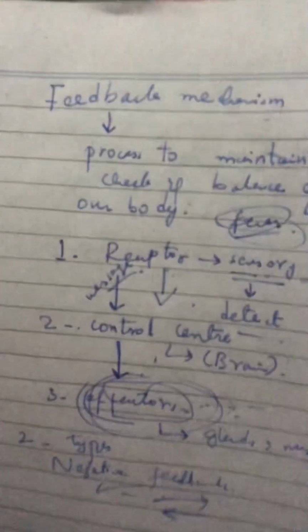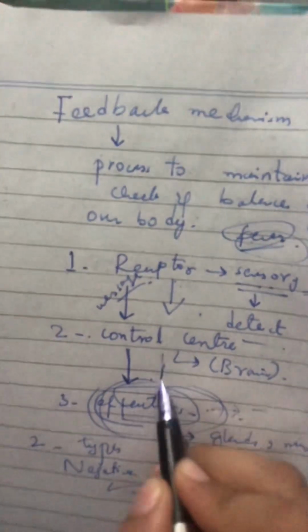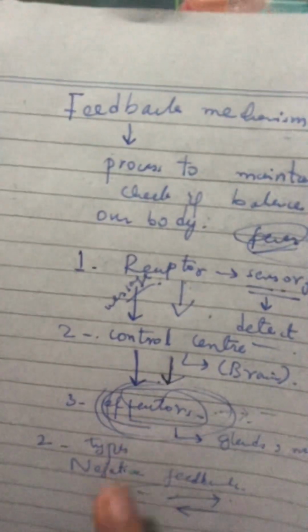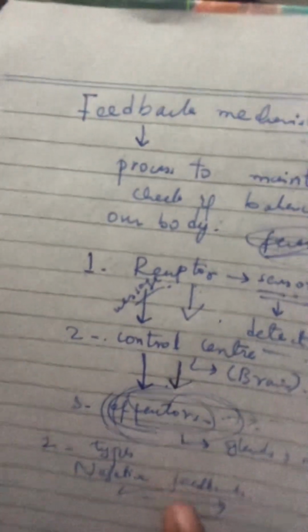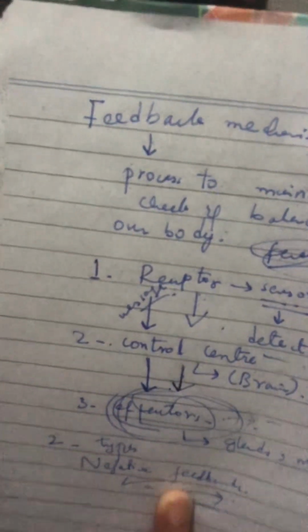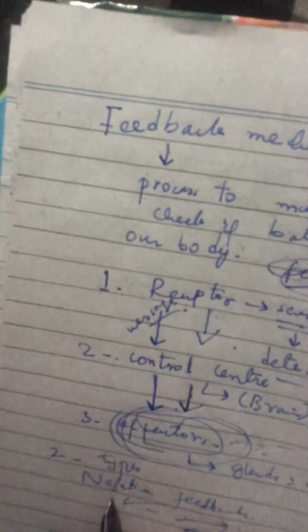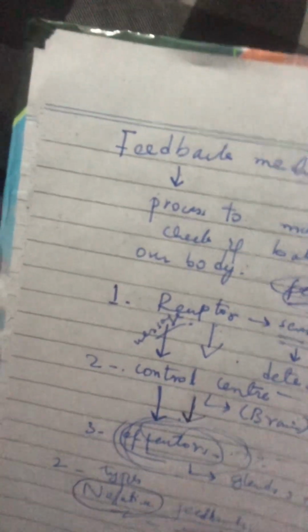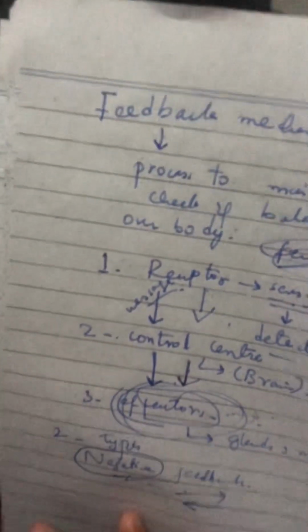If the control center has given the message of decreasing the temperature, then in positive feedback they'll decrease the temperature, they'll not increase it. But in negative feedback, they'll do the opposite of it. So that will be the negative feedback.